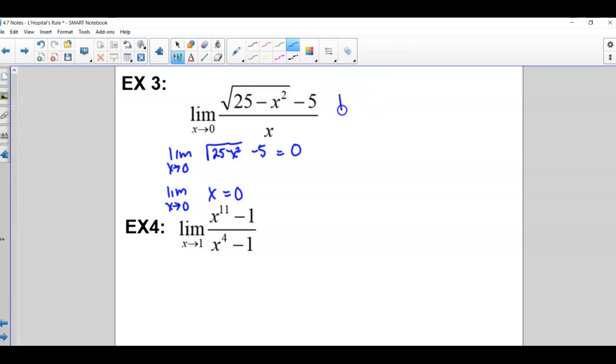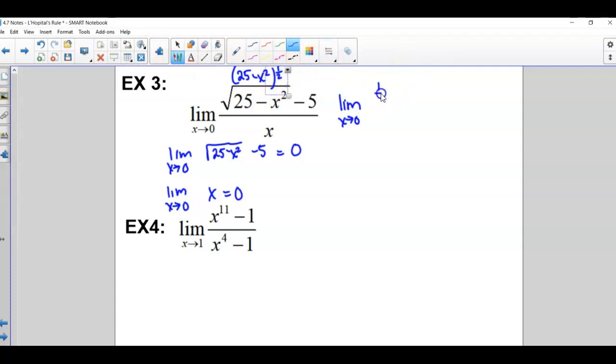So you can do the limit as x approaches 0 of, this is 25 minus x squared to the 1/2.